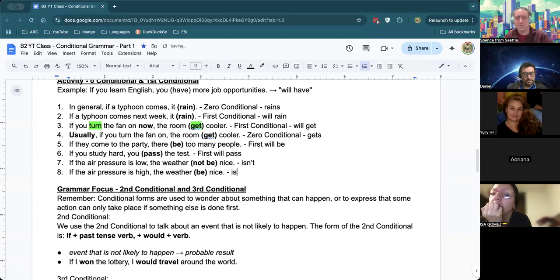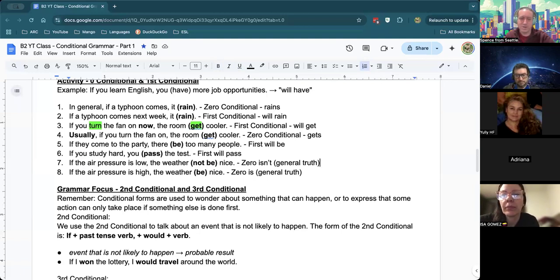And why are you using zero conditional to describe the situation? Because it's a fact, the truth, not a possibility. Exactly, it's like a general truth, something that's always true.